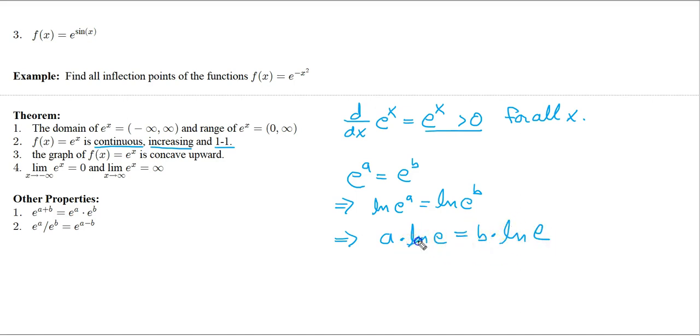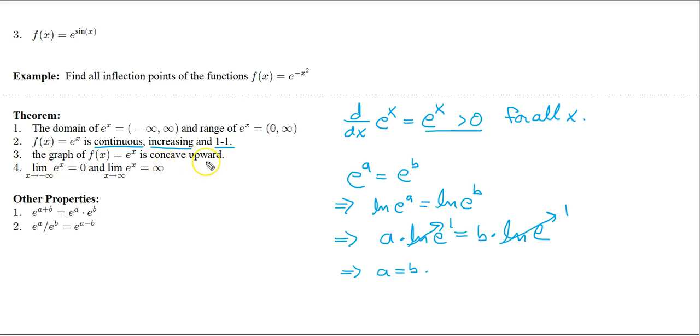But remember, ln e is just 1, and this is just 1, and we obtain that a equals b. So therefore, e to the x is one-to-one. And you can easily see that from the graph. If you think back to the graph, it most certainly passes the horizontal line test. So it is certainly going to be one-to-one.